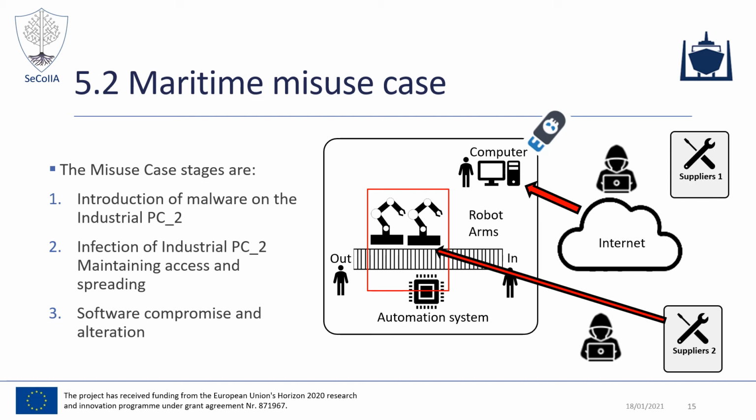The industrial PC is already filled with malware or access to attackers. And then the software gets compromised, and establishes an easy link, let's say, between the attacker and the plant.